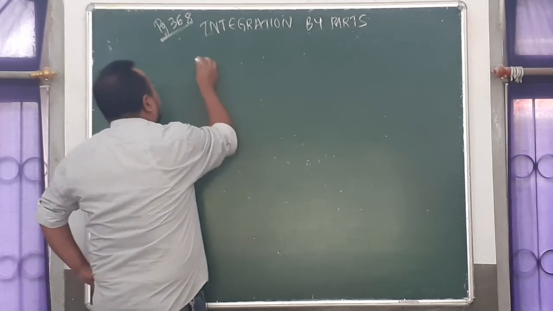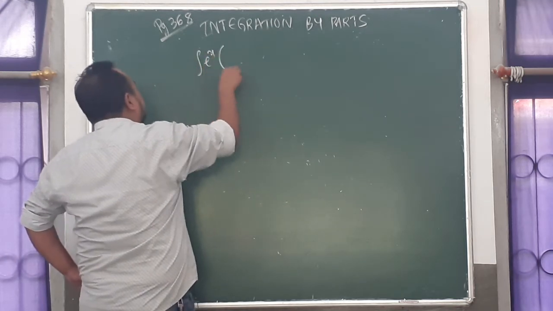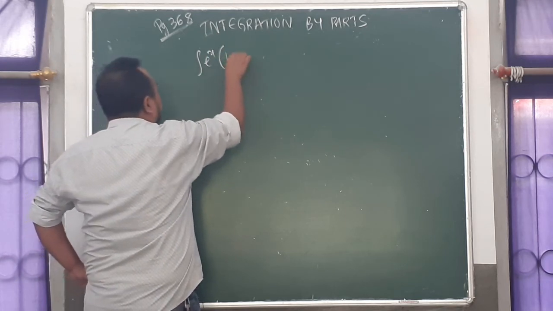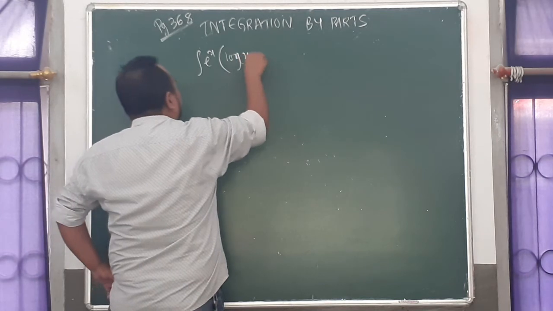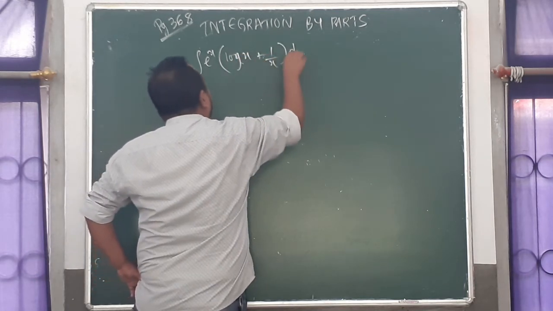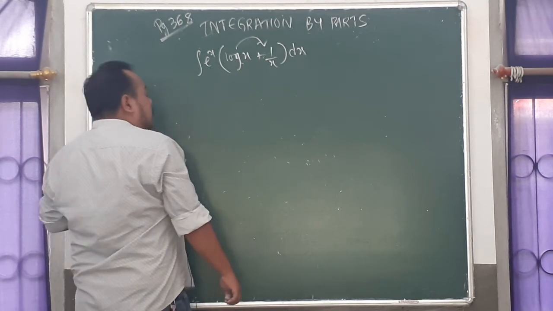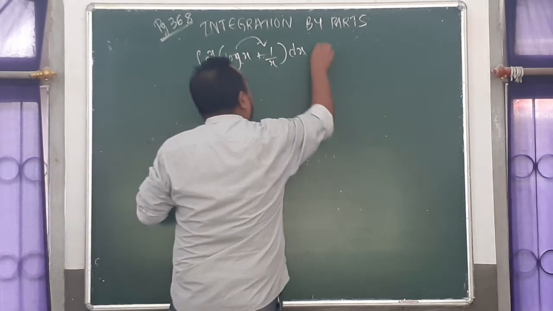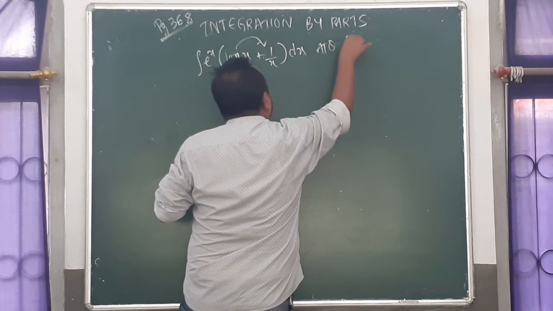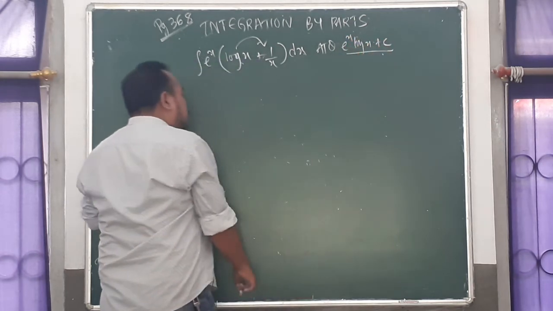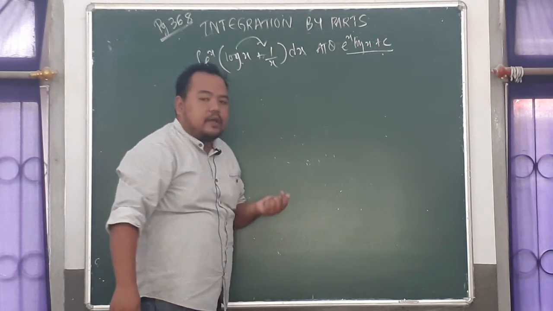For example, you are not going to get questions where it's of the form integration e to the power x, then let us say log x plus 1 by x, because you know differentiation of log x is 1 by x, so it automatically follows the property. So according to the property, the answer is e to the power x into log x plus c.